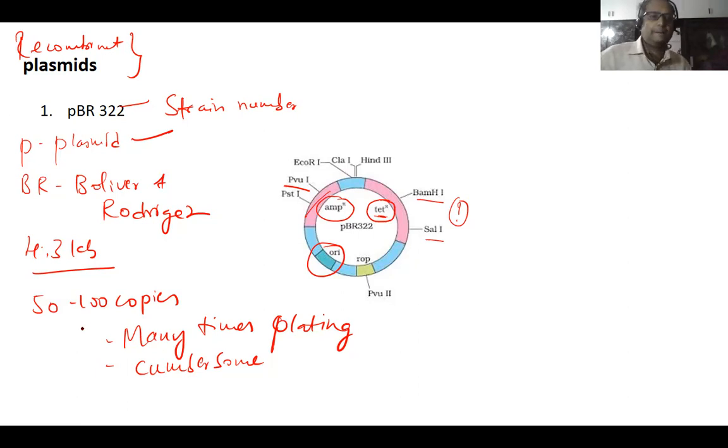Now to construct this pBR322 plasmid, we are using the two selectable markers. That means twice or many times we have to plate it in the lab to get the colonies and do the selectable marker procedure. So it is a time killing, cumbersome procedure using pBR322.